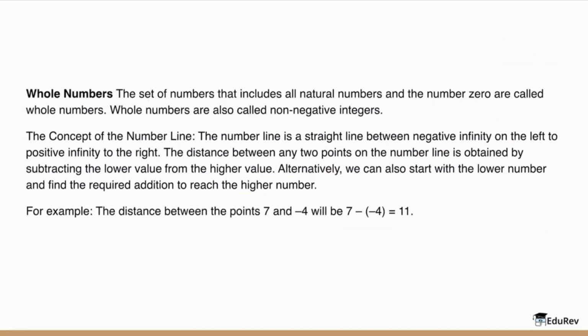We have whole numbers. I feel you know what whole numbers are. I've told you this before, but let's quickly revise without further ado. So what are whole numbers? The set of numbers that includes all the natural numbers and the number 0 are your whole numbers. Whole numbers are also called non-negative integers.